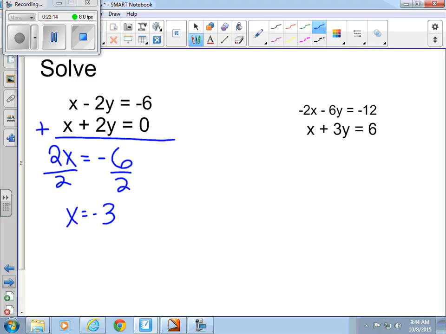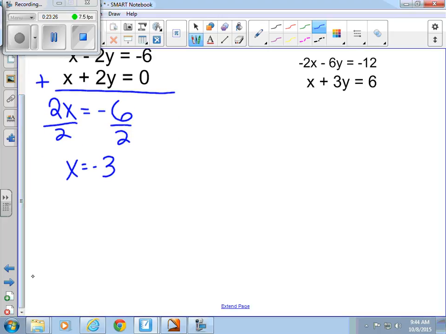Am I finished? No. What do I have to do to finish? Find y. Plug that in where? Either one. Pick either equation at the top. So I get negative 3 plus 2y equals 0.